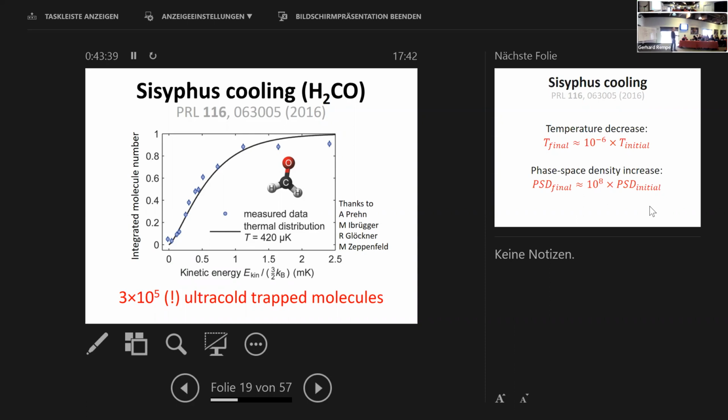But fundamentally, there are not so many differences, except that the numbers are different. In the end, we are trying to develop a general method to cool any kind of molecule. So it's nice to see that it works for at least 2 different species.